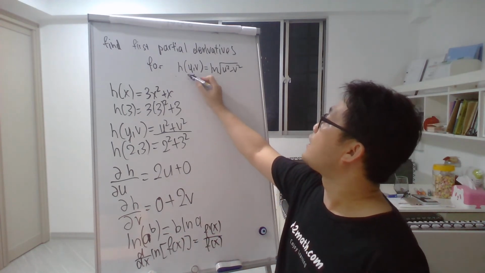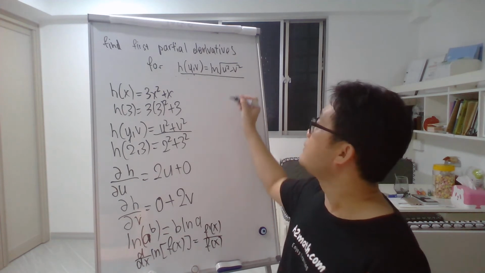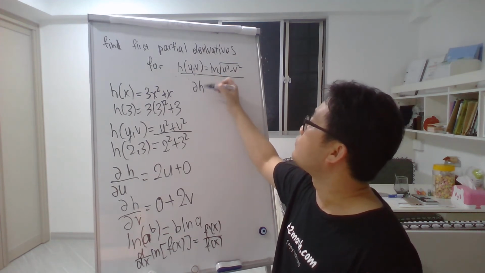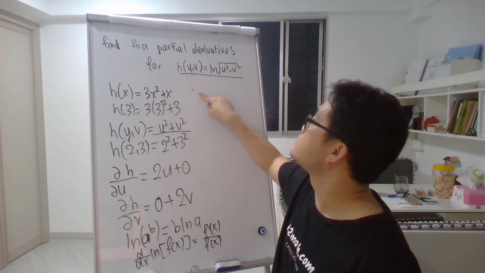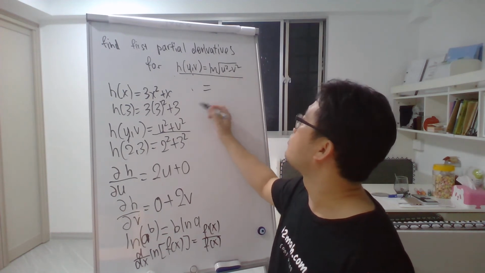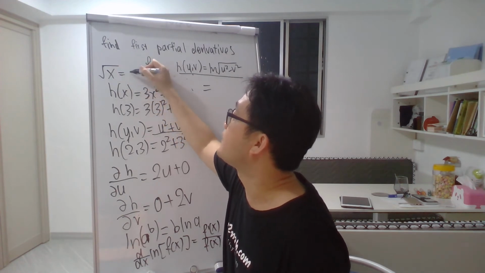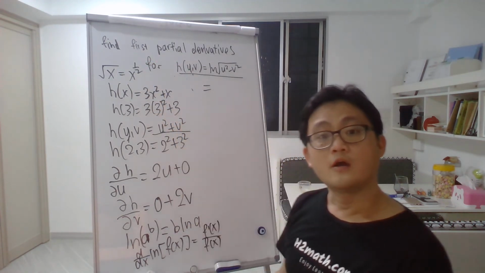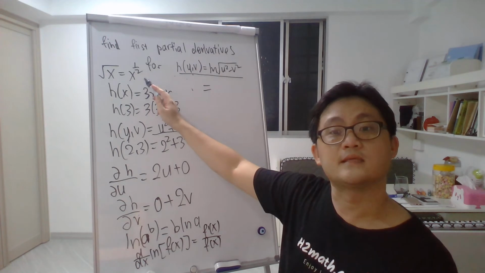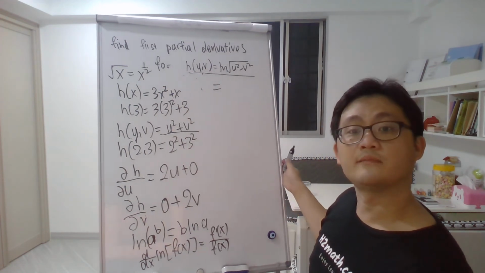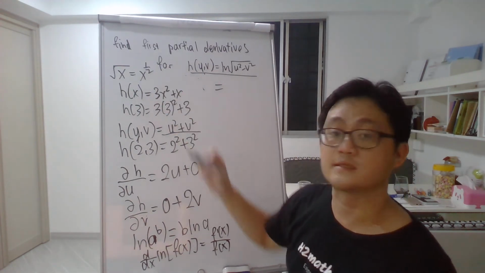Firstly, using the log rules, and another concept is that when we root something, it is the same as writing x to the power of half. X to the power of half is the same as root x, except that one is the root form, one is the power form.